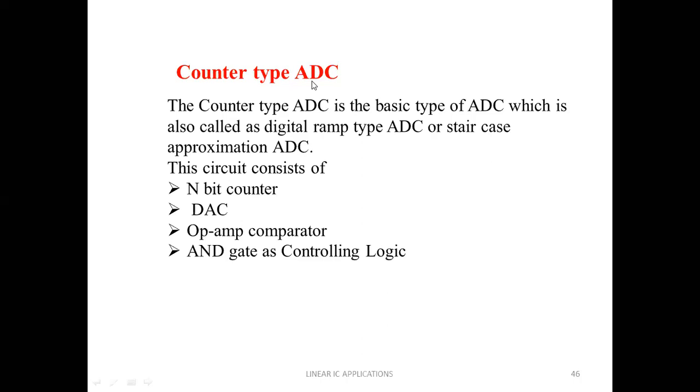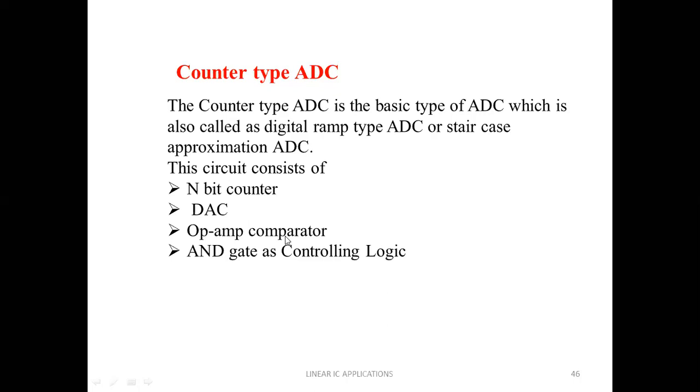Now we have already discussed the DAC. What is the function of DAC? It converts digital data into analog data. The op-amp acts as a comparator here, comparing the two input voltages appearing at the inverting and non-inverting terminals of the operational amplifier. And next, the AND gate as control logic.